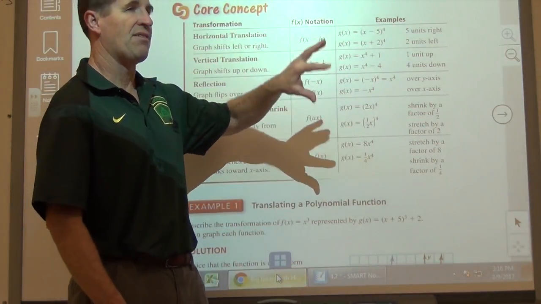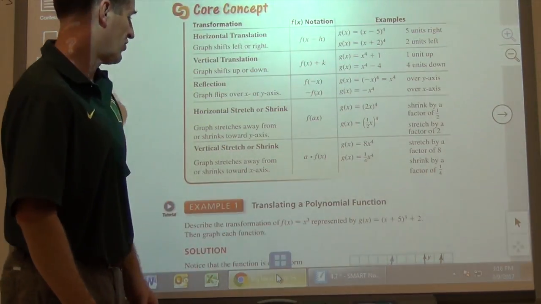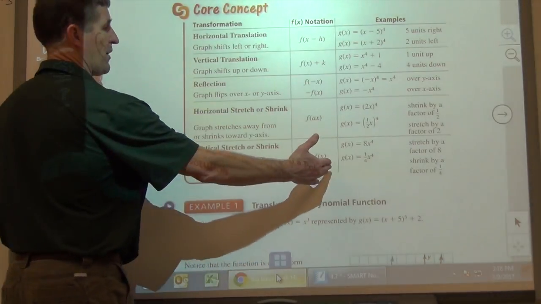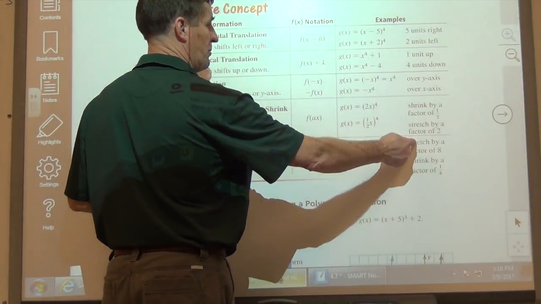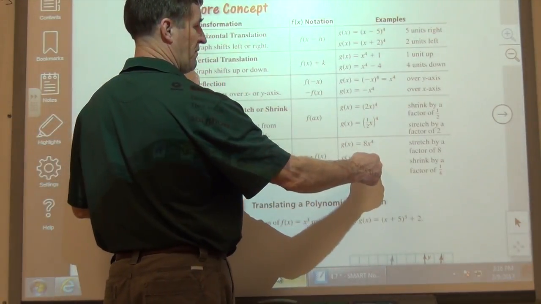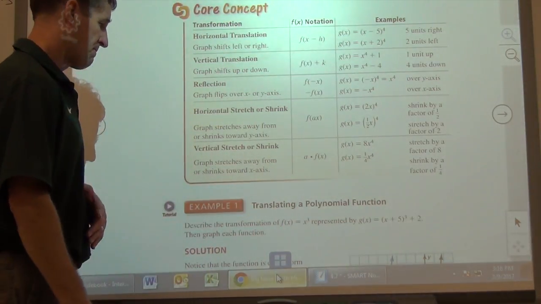If it's 1/2, then again the reciprocal of that would be 2, and so that would be a stretch by a factor of 2. Vertical stretch or shrink, now it affects the whole function. So now it is what it says it is, so 8x to the 4th would be a vertical stretch of 8, and g of x is 1/4 x to the 4th would be a vertical shrink of 1/4.